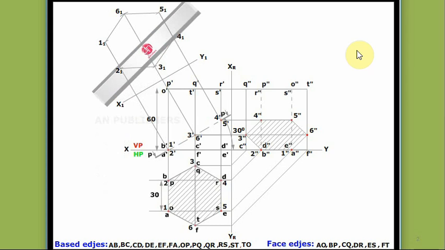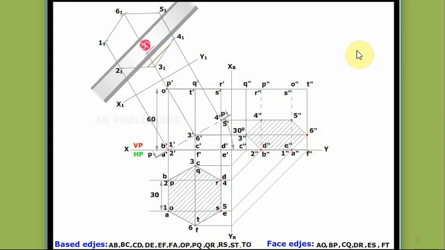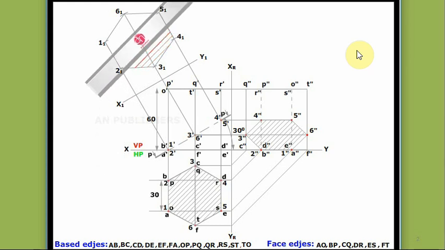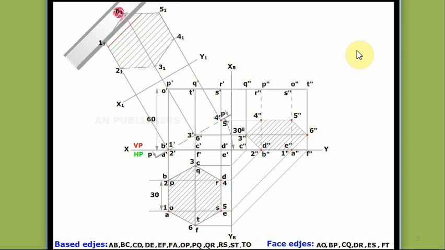Now hatch the interior. The hatching should be equally spaced and inclined 45 degrees to horizontal. Our true shape.